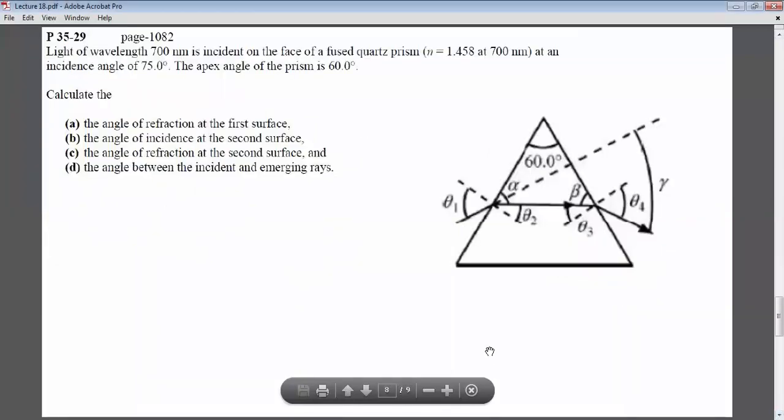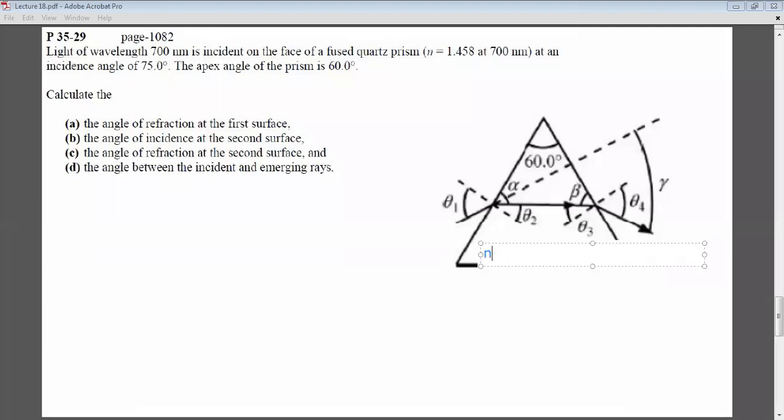The last exercise we will do today. Light of wavelength 700 nanometers is incident on the face of a fused quartz prism, n equals 1.458.